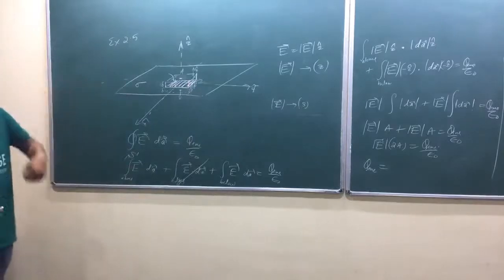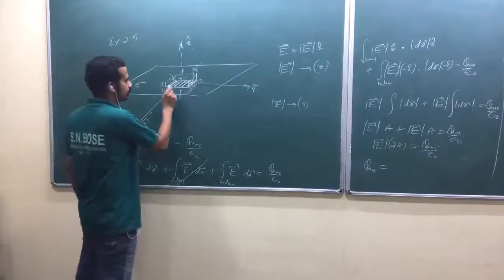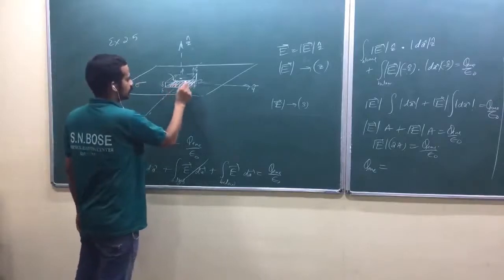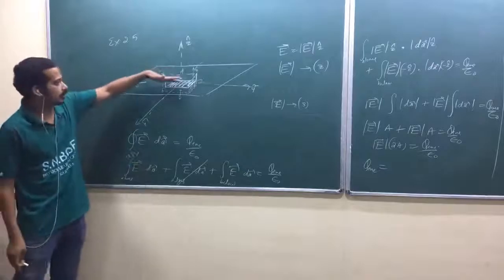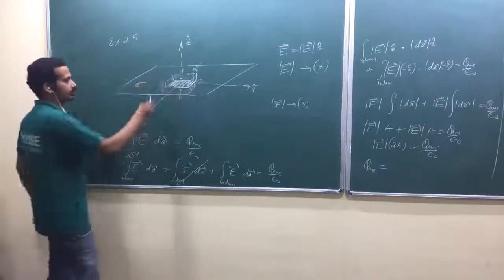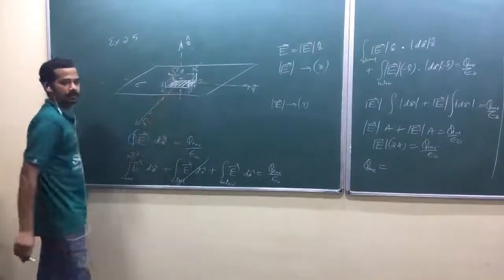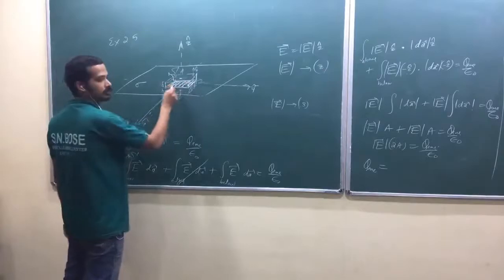That is on the plane. Is that okay? So this region is bounded by that surface. This region is very well within the surface. The surface, whatever we have taken, this was our surface. Is that okay? So now, what is the charge on this region?